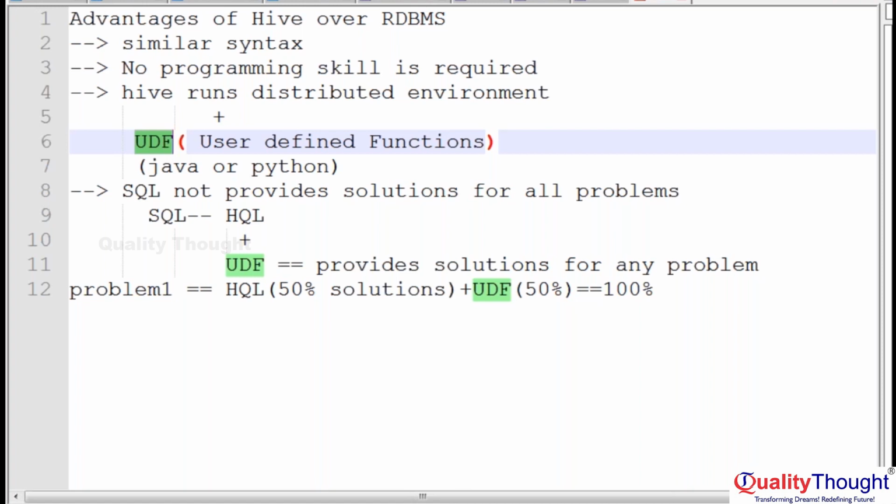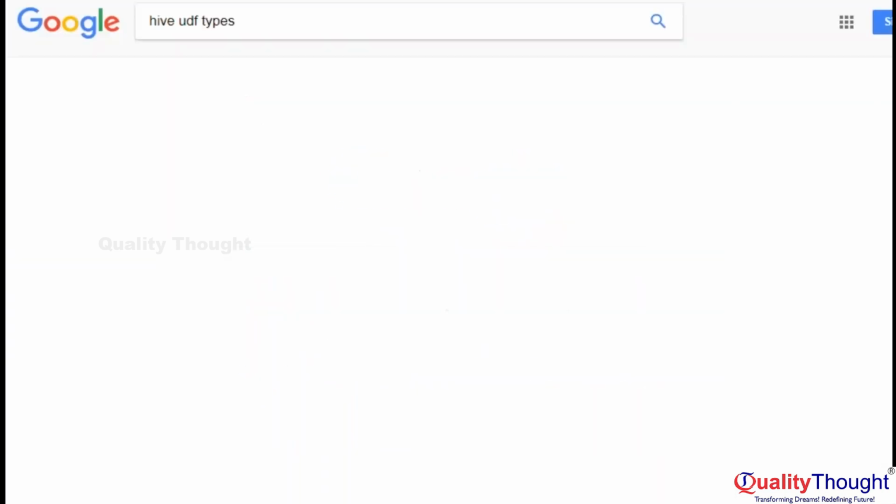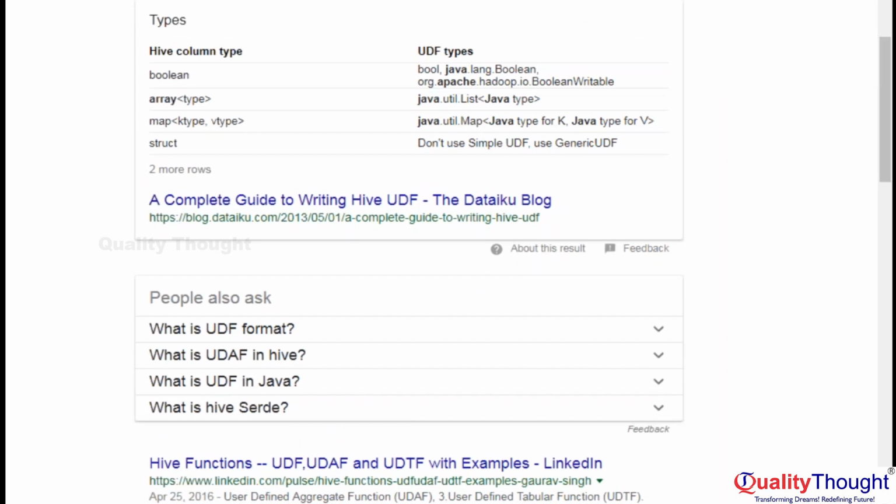If you go to Hive, I'll show one UDF function, then you can understand. We have UDF and UDAF, so we have two: row level and column level, or complete data level.